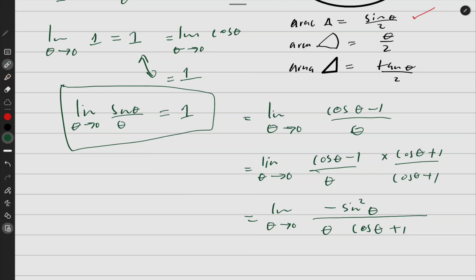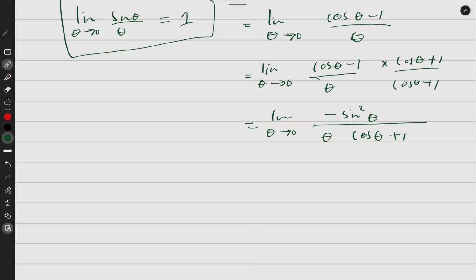Let me just remove this, not part of my work. What else do I need to see right now? I can also write this as the limit as theta goes to 0 of negative sine theta over theta, we have seen this before, hope you can recognize this, times sine theta over cos theta plus 1.